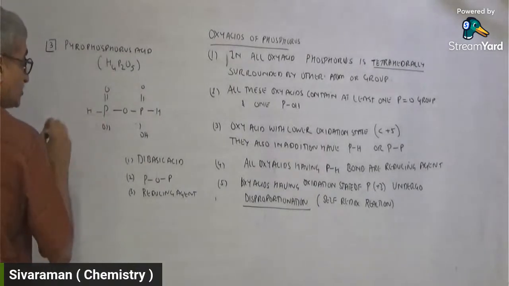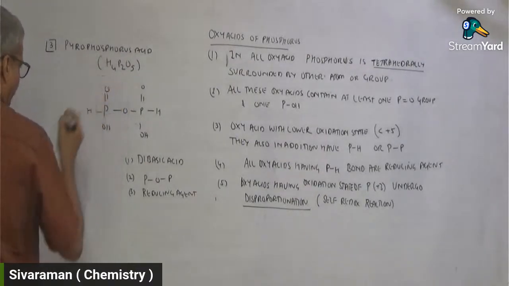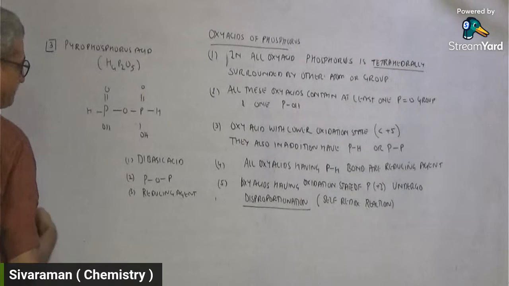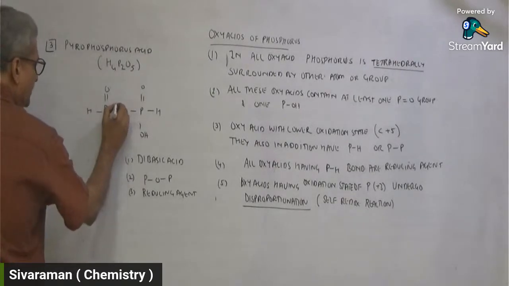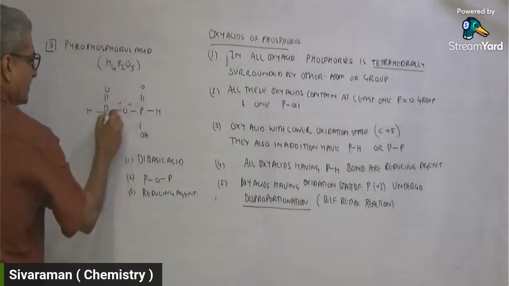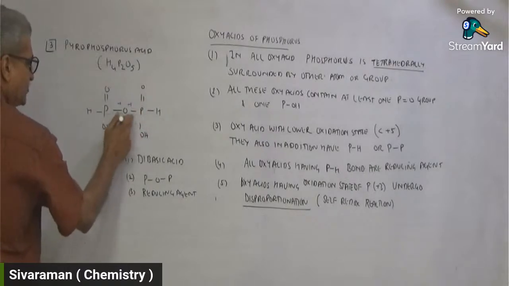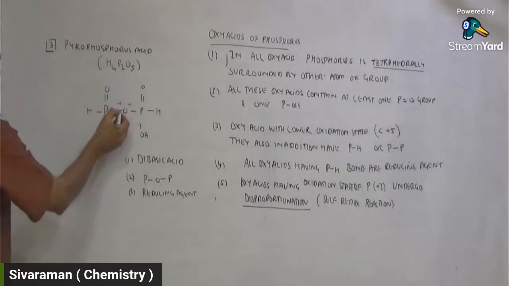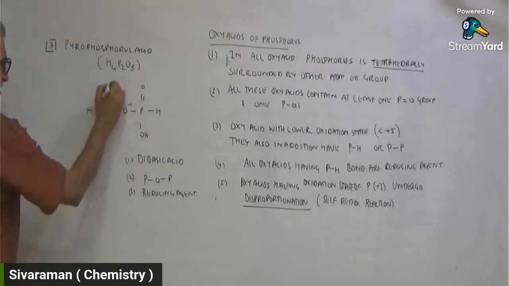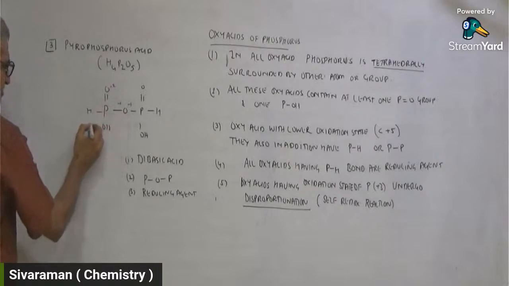Dibasic. Now let us look at the oxidation state. You have oxygen over here, which is -2, so each one will get -1. This -2 is shared between the two phosphorus. If this phosphorus is getting -1 charge, this is -2, this is +1, and this is -1.